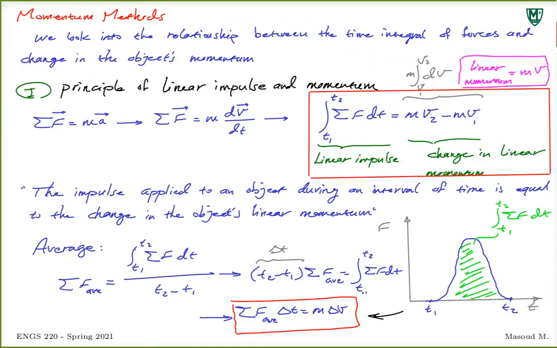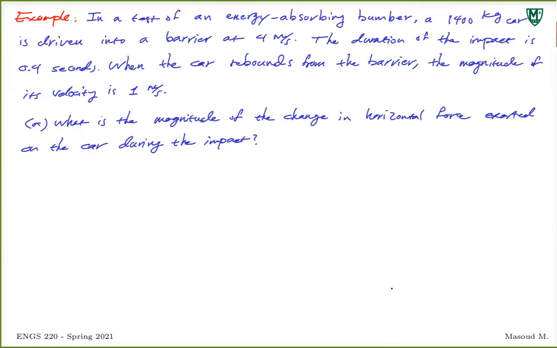We just use this relationship for approximating. So let me just look at the equation and write it here. Summation of forces, basically average forces, delta T is equal to M delta V. All right.